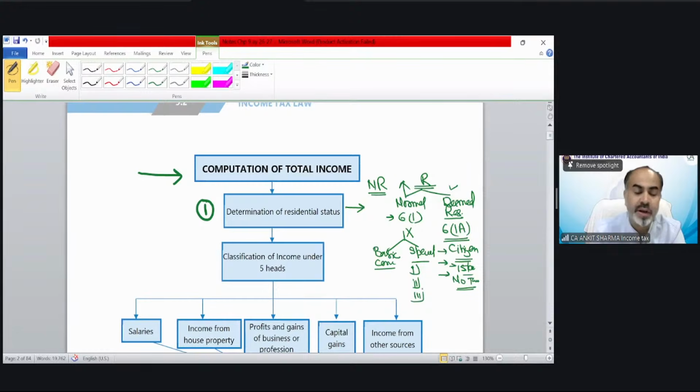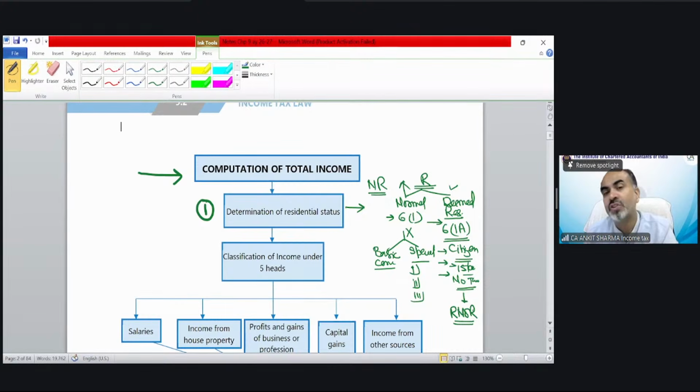You also need to go through the question to see whether special conditions are applicable or it is a normal case. In a special case, you have to check the 182 days condition, etc. We have discussed that in detail. What I am trying to tell you is that you have to check whether it's a normal resident or deemed resident. And if it is a deemed resident, it would always be resident but not ordinarily resident.